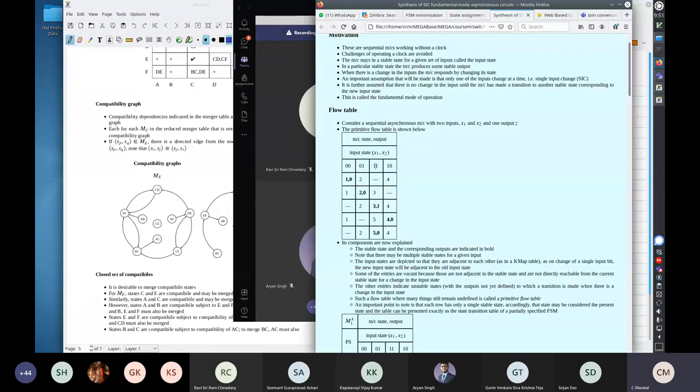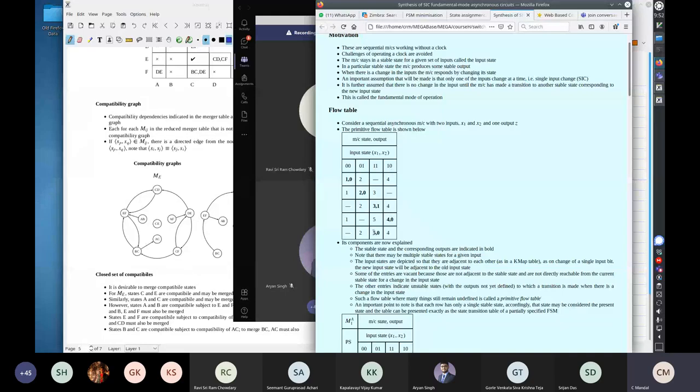Here from 0, 1 it is changing to 1, 1, and here from 1, 0 it is changing to 1, 1. So if your earlier state was 2, and the input changes to 1, 1, it changes to 3 and then settles down to 3. On the other hand, if your state was 4, from 1, 0, if it changes to 1, 1, it changes to 5 and settles down to 5.